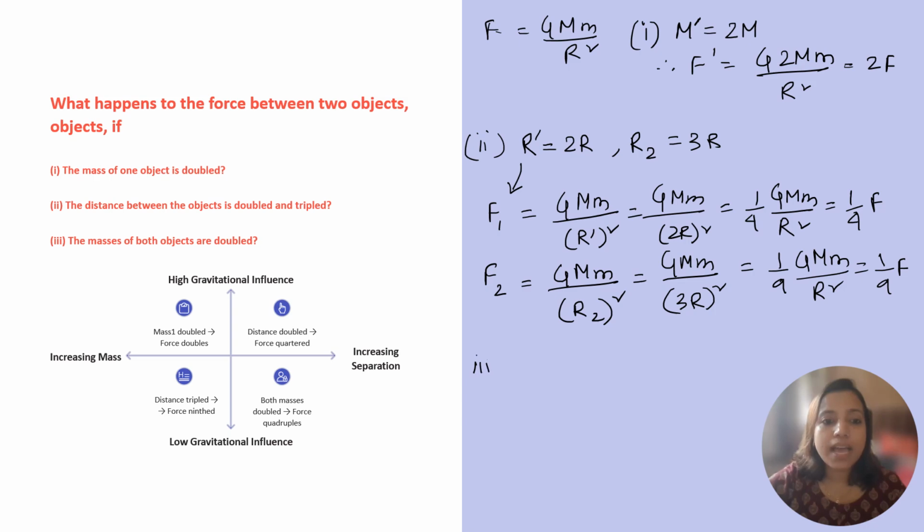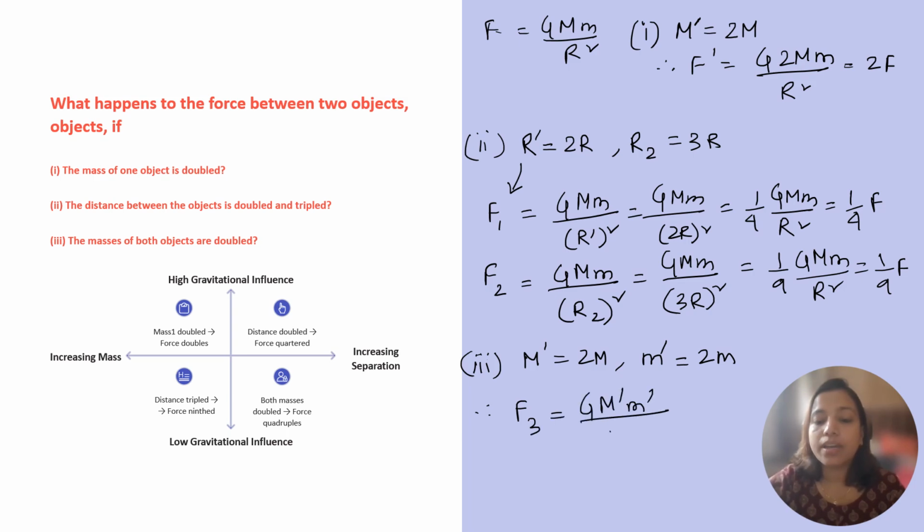And in the last case, the masses of both objects are doubled. This time M dashed is already 2M, and now small m is also doubled, so m dashed is equal to 2m. Now the force, let's say F3, would be G M dashed m dashed divided by r square, so G 2M 2m divided by r square.